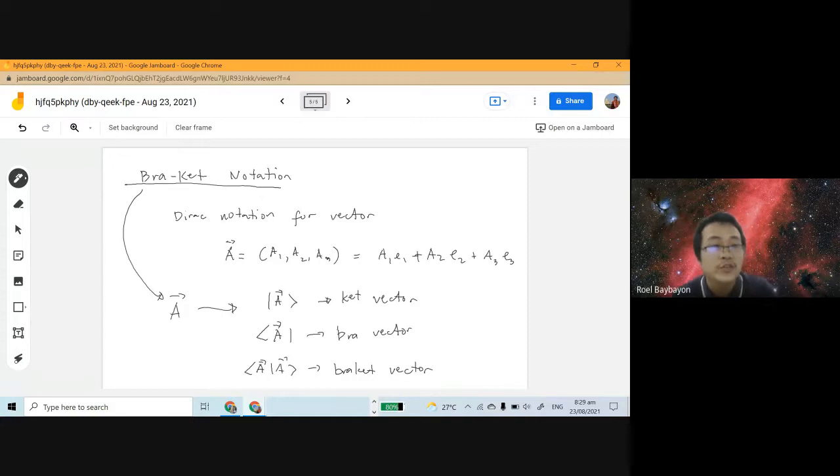Kung isulat na ko rin siya as ket vector, then vector A dili siya parehas sa bra vector A, no? Dili parehas ang ket vector A sa bra vector A. So lahi ni siya. So in Dirac notation for vector, I have a ket vector A and also I have a bra vector A. So unsay kalahian sa duha?